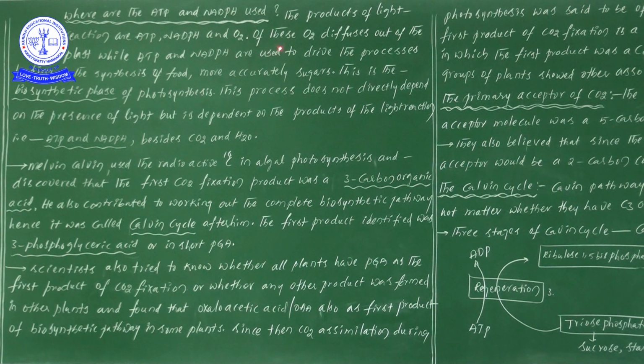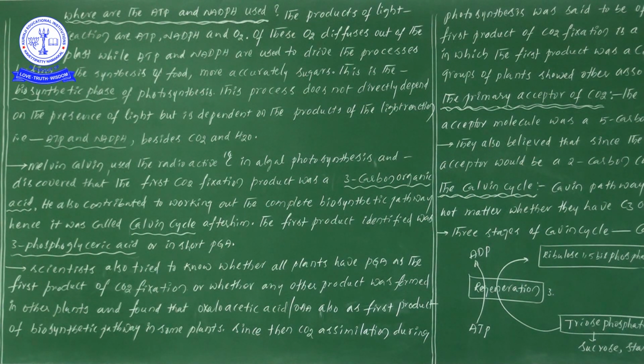Of these three, O2, oxygen, diffuses out of the chloroplast, while ATP and NADPH are used to drive the process leading to the synthesis of food, more accurately sugars.